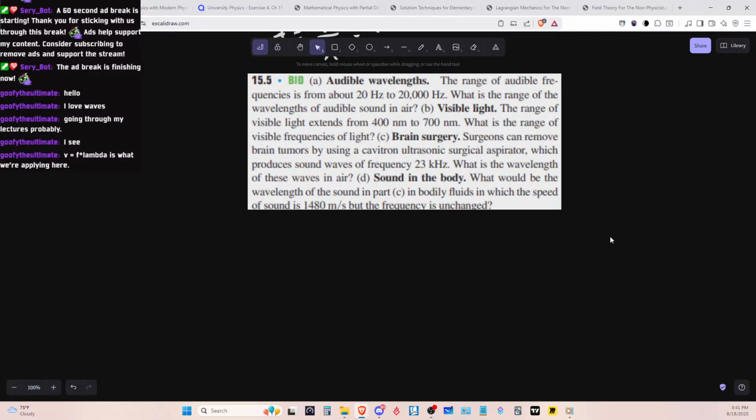I think we calculated that many times. Now we know that the speed of sound in air is 344 meters per second, so we'll keep that in mind. The frequencies we have range from 20 hertz to 20,000 hertz.